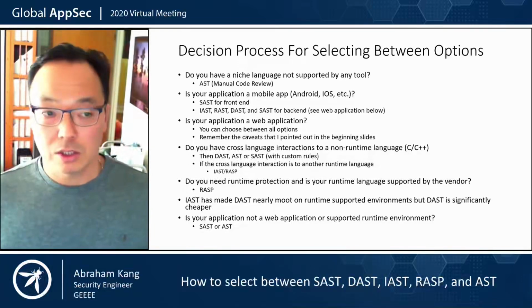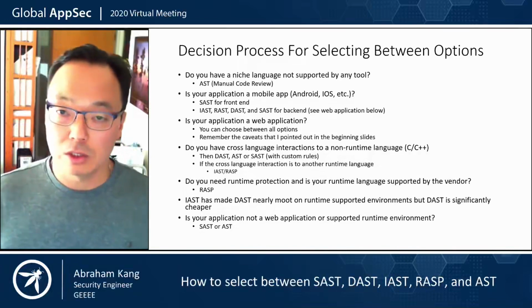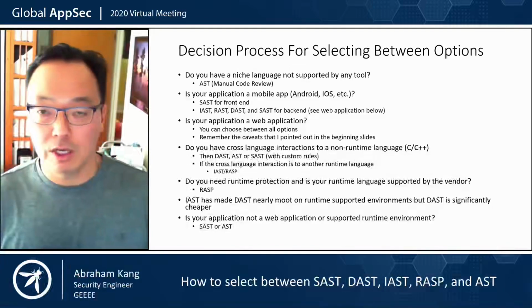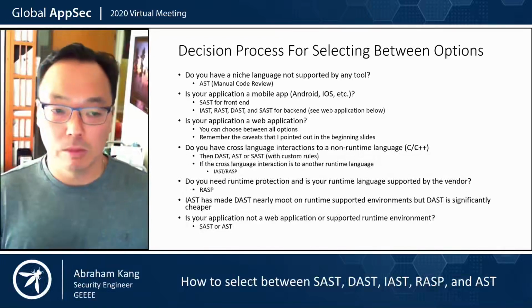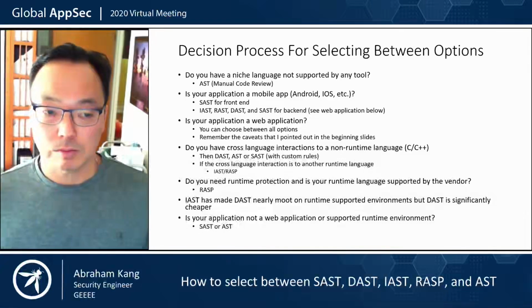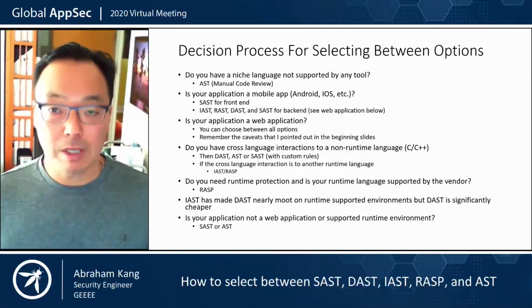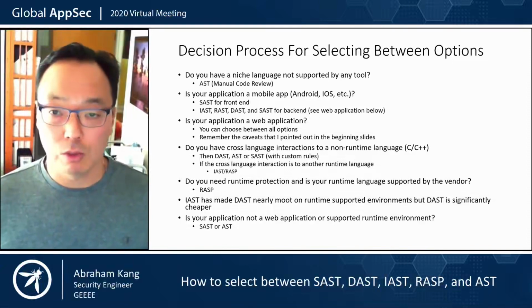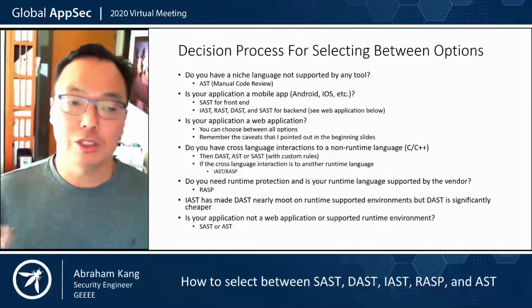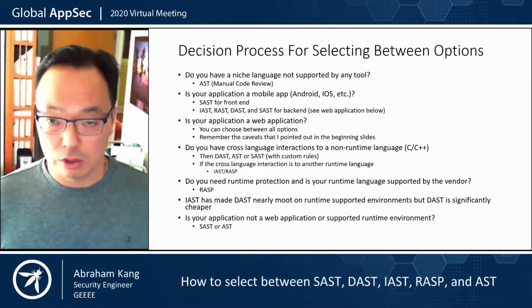The next question you want to ask is, is your application a mobile app? If it is, you can use static analysis for the front end, and for the back-end components, you can use pretty much any of the other tools to scan your code. If it's a web application, those are traditionally pretty well supported, but you still need to know if the tool supports your framework and the language.